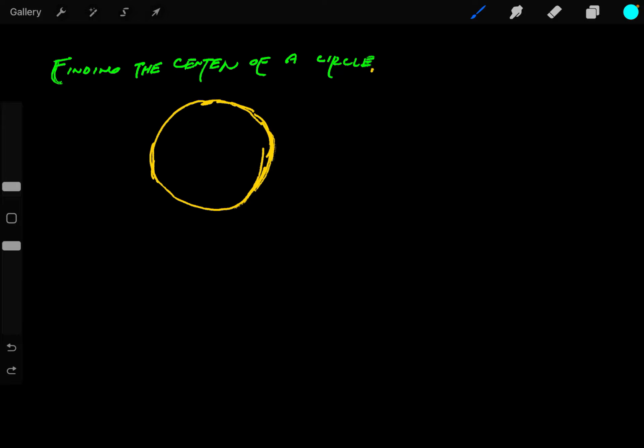circle. So here I've drawn a circle. And what we're first going to do is prove a theorem.